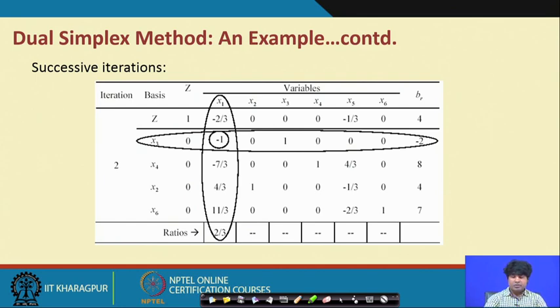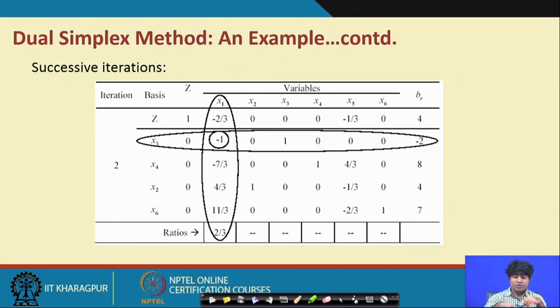iterative procedures, and here we have only one negative b, that is with respect to x3. So by default that will be the outgoing vector, and then we look for the incoming vector.